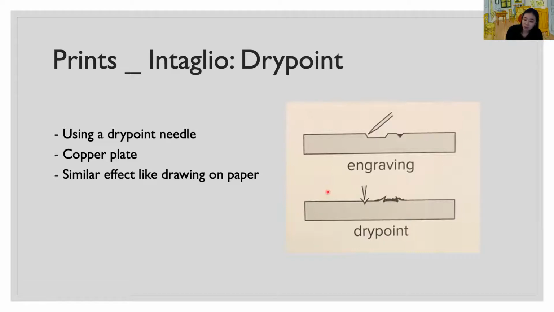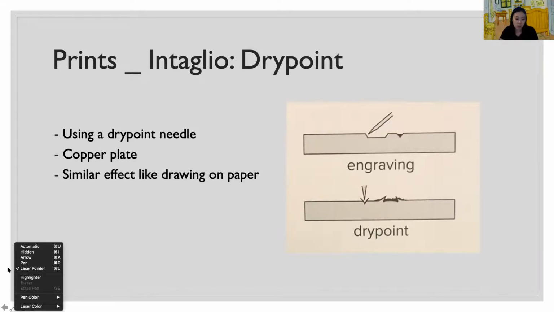As the needle scratches across the plate, it raises a burr like this, or a thin ridge of metal. If left in place, the burr will hold ink along with the incised line, producing a soft, slightly blurred line when printed. So let me share a video to see the process of dry point.